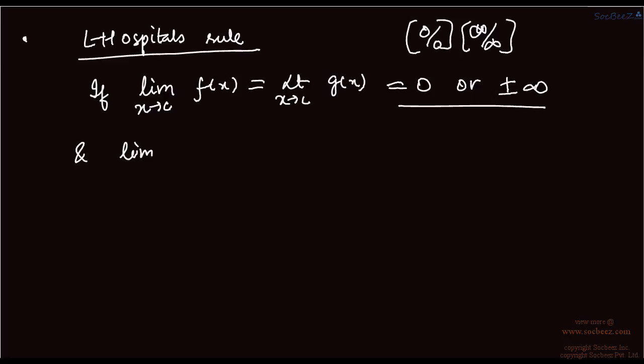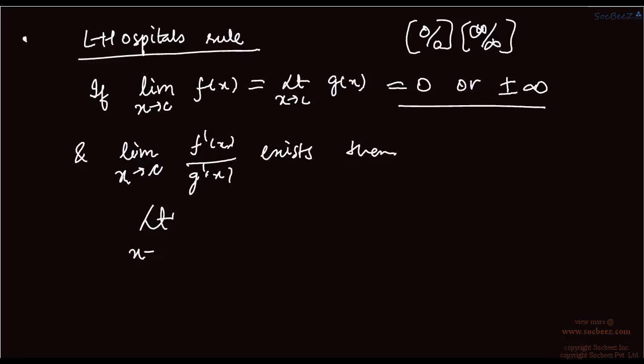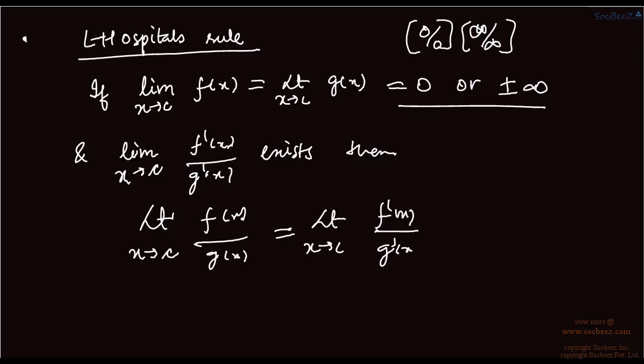If limit x tending to c, f dash x upon g dash x exists, then limit x tending to c, f(x) upon g(x) will equal limit x tending to c, f dash x upon g dash x.